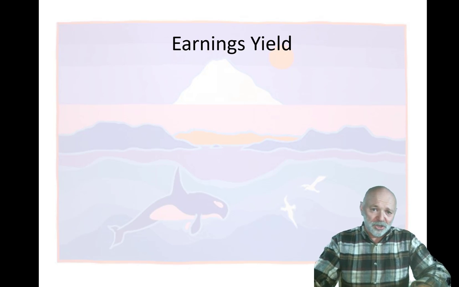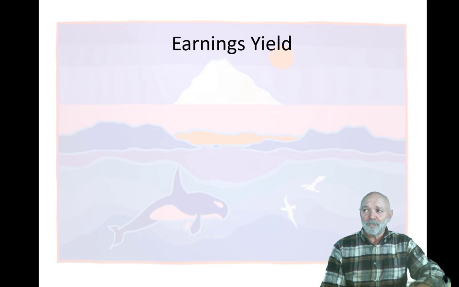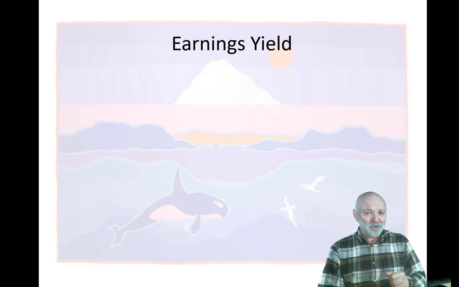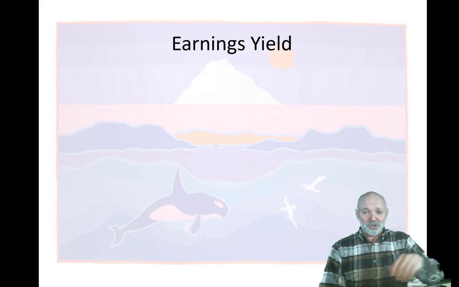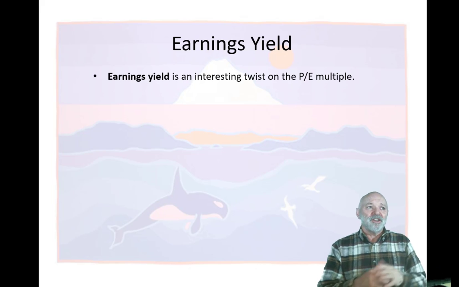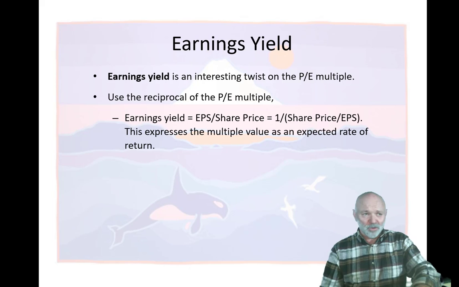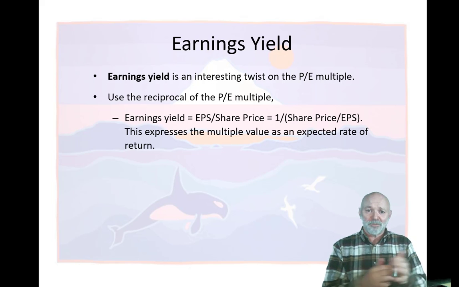Another term that I wanted you to be aware of, as well as the price earnings multiple, is the earnings yield. Earnings yield is a lot like the price earnings multiple. In fact, it's its reflection. Essentially, the earnings yield is just a simple twist on the price earnings multiple. We use the reciprocal.